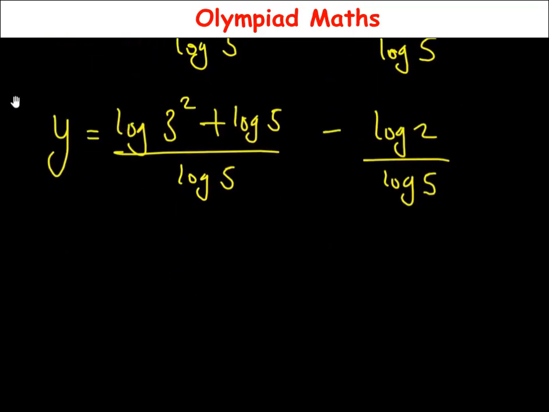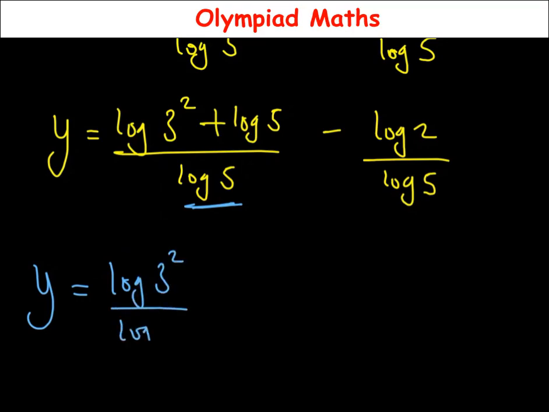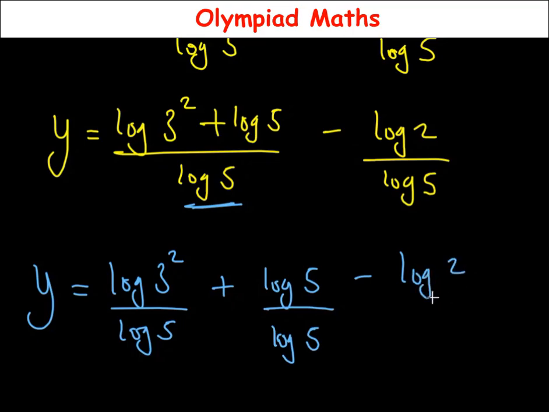Solving this further, right, we can split this denominator such that the value of y is equal to log 3 raised to power 2 all over log 5, then plus log 5 all over log 5, then minus log 2 all over log 5.